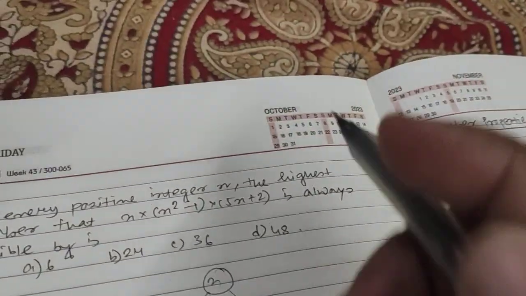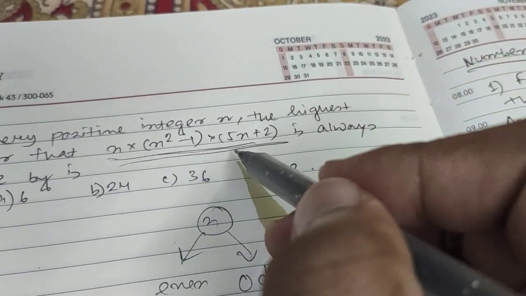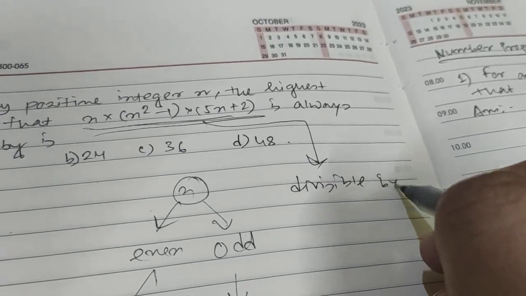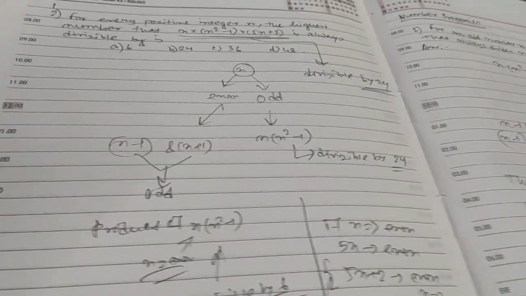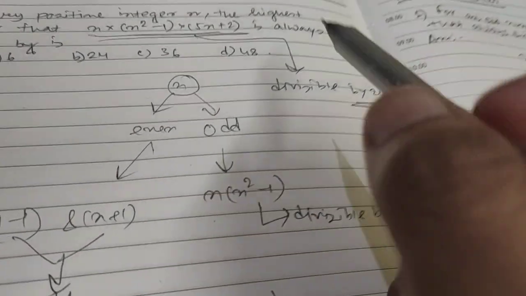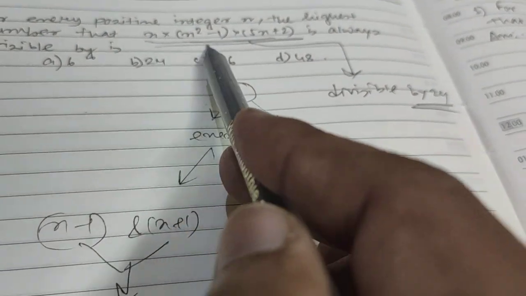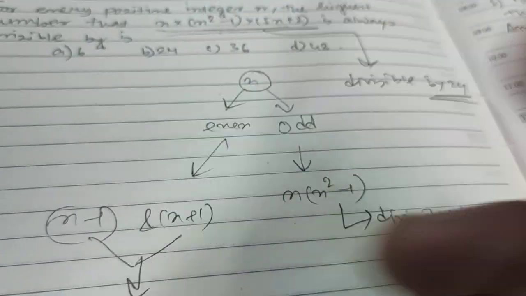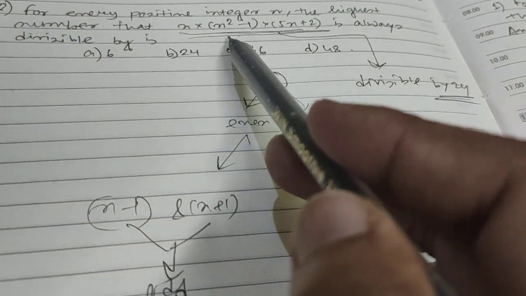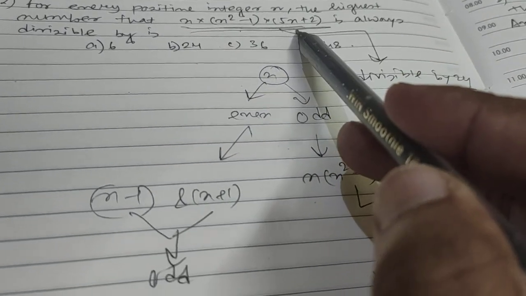So if you consider the whole, n(n² − 1)(5n + 2), then it should be divisible by 24. As n(n² − 1), if n is odd, will be divisible by 24. If n is even, then n(n² − 1) should be a multiple of 6, and the other part should be a multiple of 8.